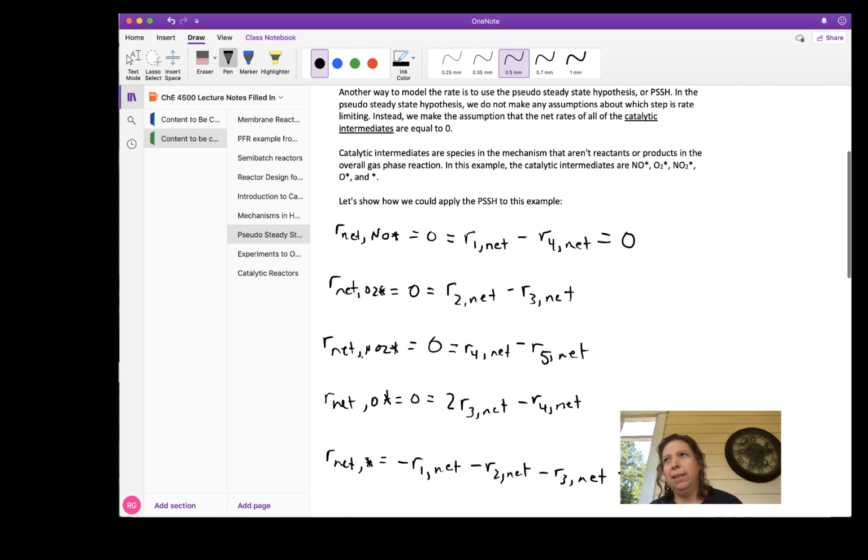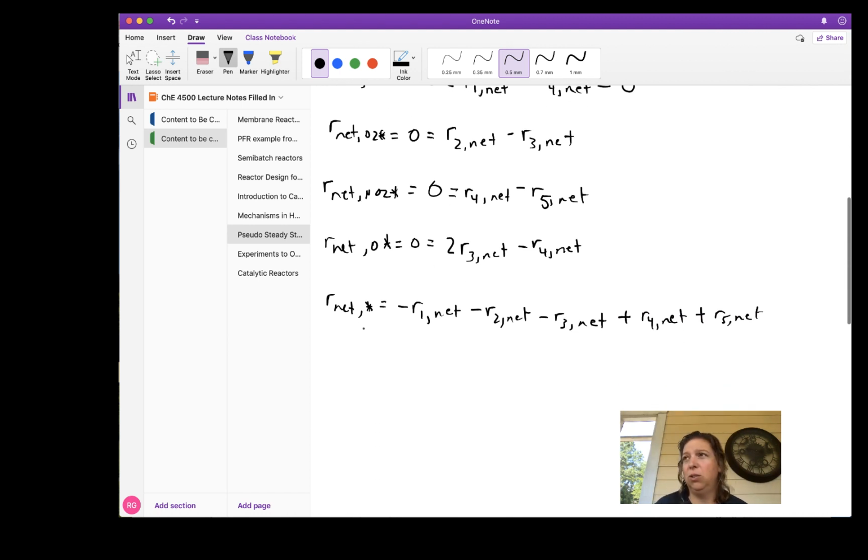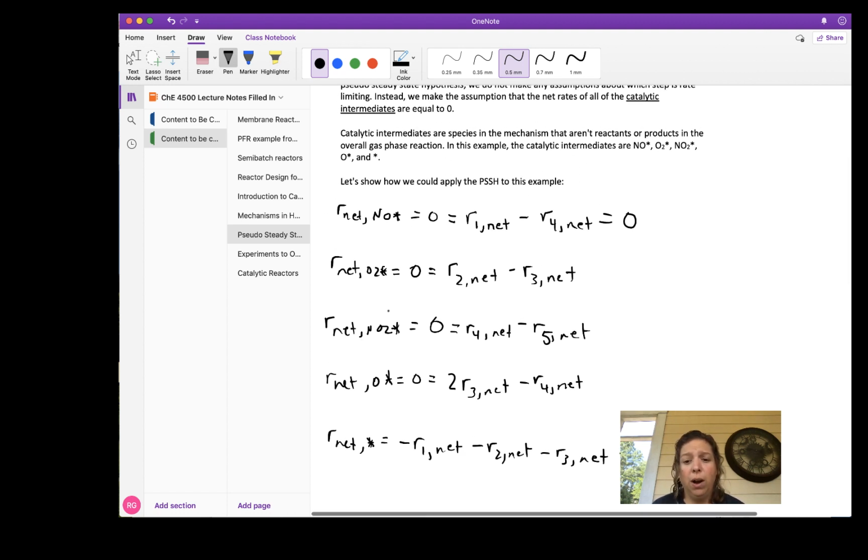And then beyond that, there's basically 2 ways to solve this system of equations. In the first way, the unknowns here would be the different coverages of the different species. So I'm not going to fill in the expressions for the different coverages.